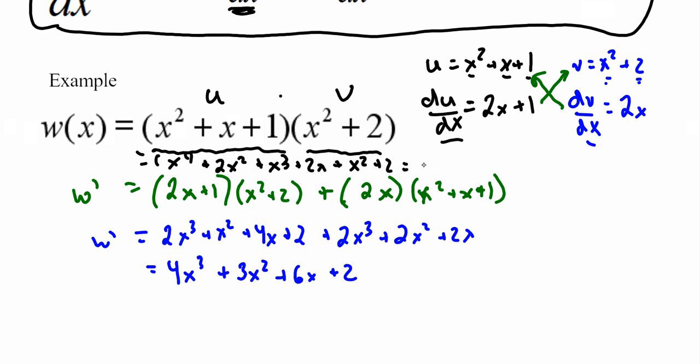And if I simplify that a little farther, x to the fourth plus x cubed plus 3x squared plus 2x plus 2. And if I took the derivative of this function right here, I should have 4x cubed, 3x squared, 6x, and 2, and that will be 0. And so as you can see, using the power rule, the product rule works.